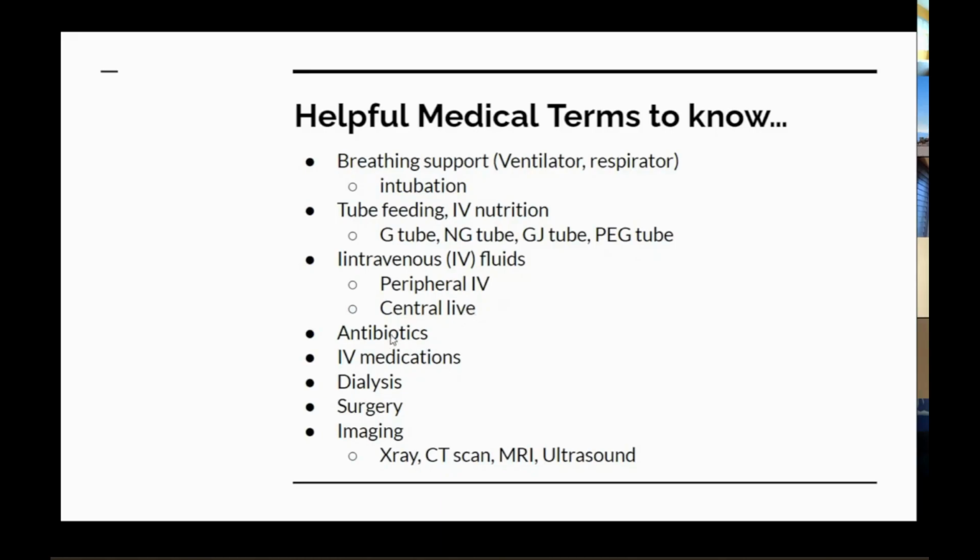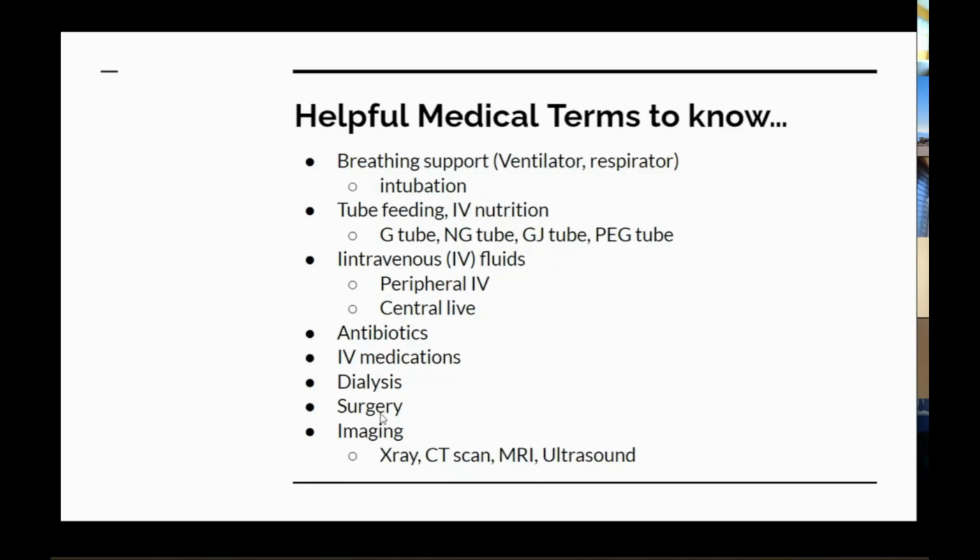Antibiotics, most of us have probably had those at some times. These are medicines, sometimes oral, sometimes IV, that are meant to treat bacterial infections. There are other medications that you can get through your IV. Dialysis, some of you have heard of. This can be temporary and sometimes can be long-term. And this is about supporting your kidneys. So another really important organ, if it's not doing its job well, we can do it outside of the body with dialysis.